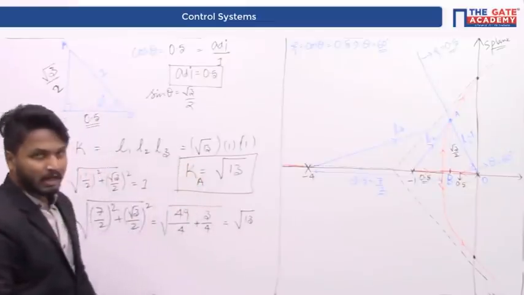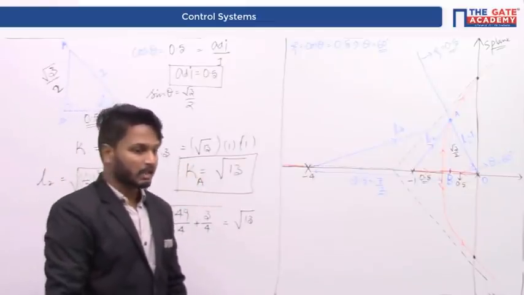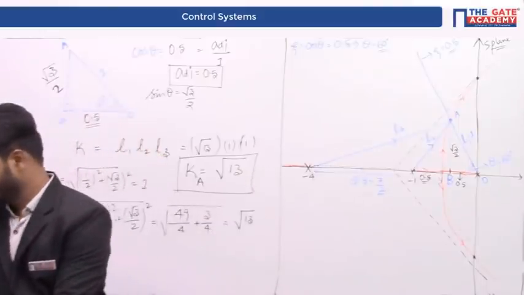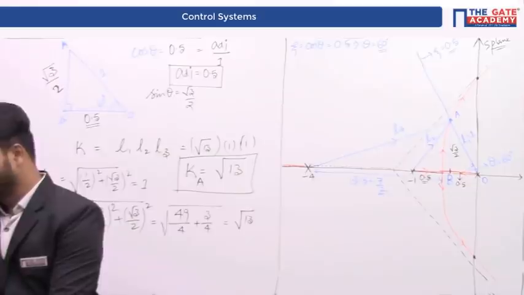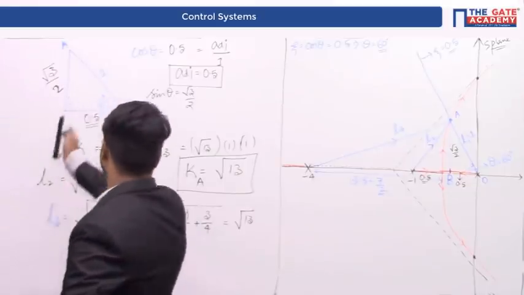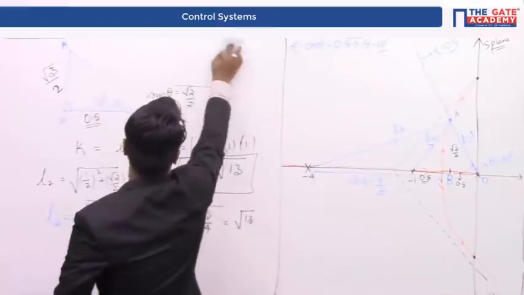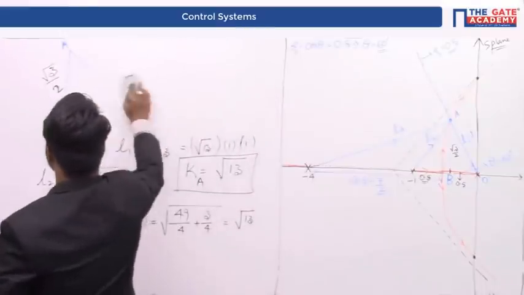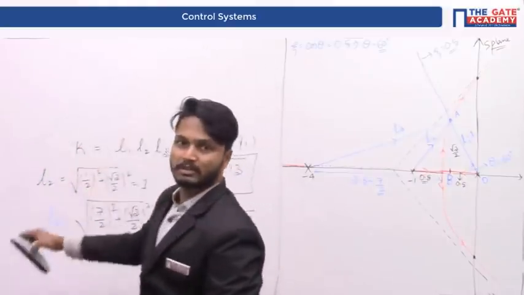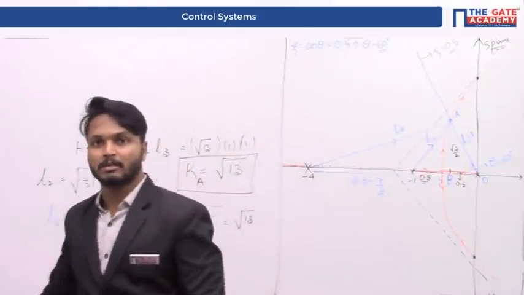It was also asked to calculate the gain margin when the roots are at this particular point. In order to calculate gain margin, you cannot say it is a formula; you just have to find out the amount of gain that you can still increase before the system becomes unstable.